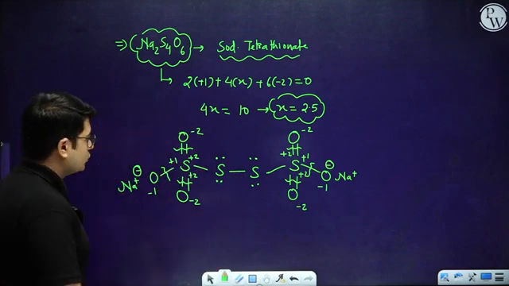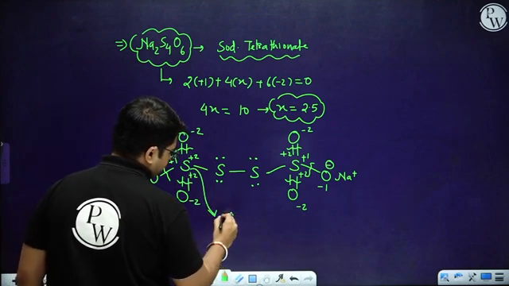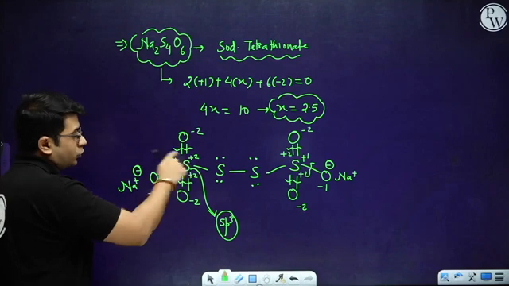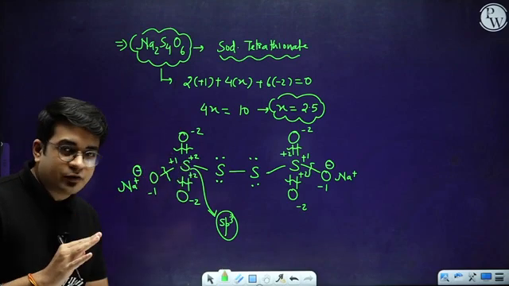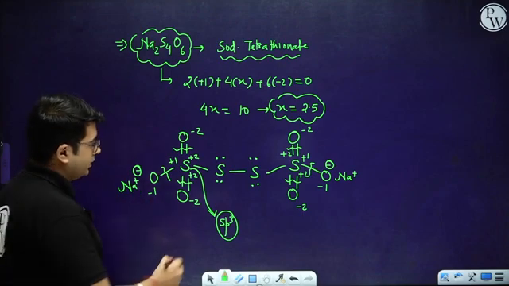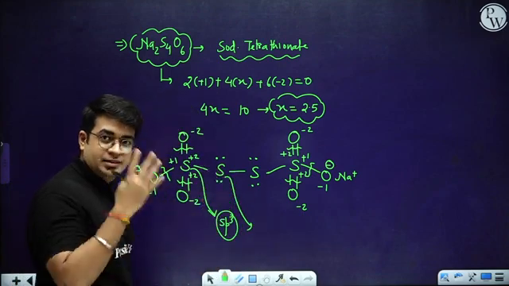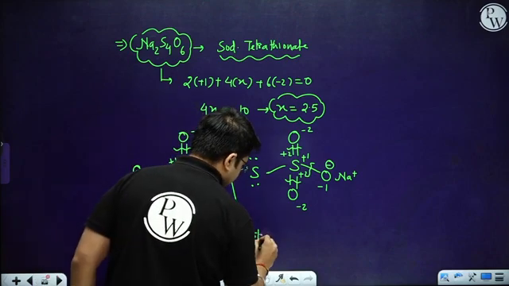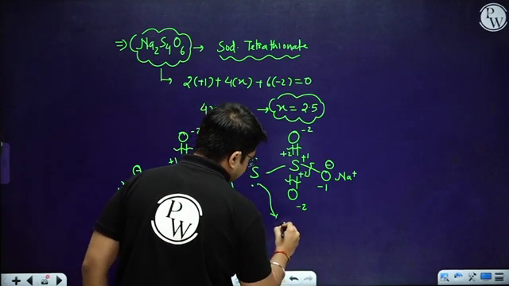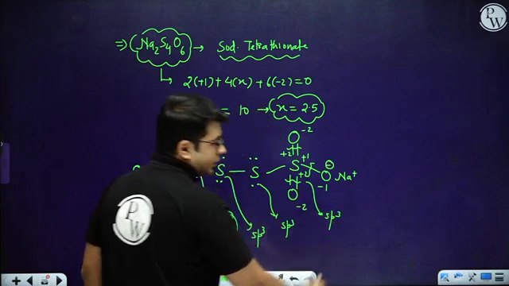What happens? So calculate the hybridization. This one is sp3 because 1, 2, 3, 4, 4 sigma bonds are there. We don't count pi bonds and no lone pairs are there. sp3. In this particular case, 2 sigma bonds, 2 lone pairs, steric number 4, sp3. Again sp3 and last one is sp3.